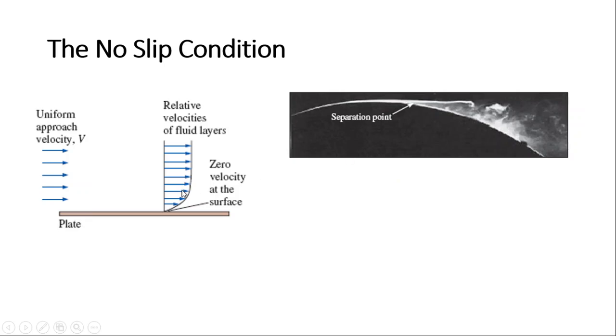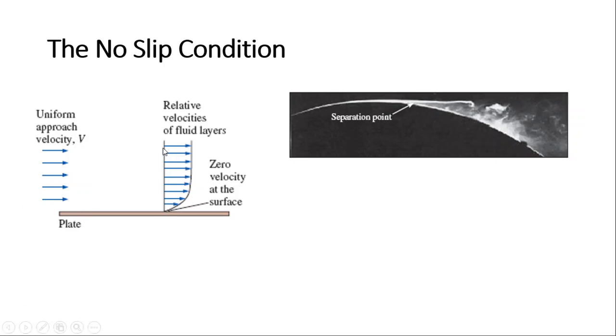Let's suppose a liquid is flowing over a solid surface, which you may call a plate or a solid boundary. The liquid is flowing in this direction. If we draw the velocity vectors for each layer, as we discussed in the previous lecture, liquid always flows in the form of layers.